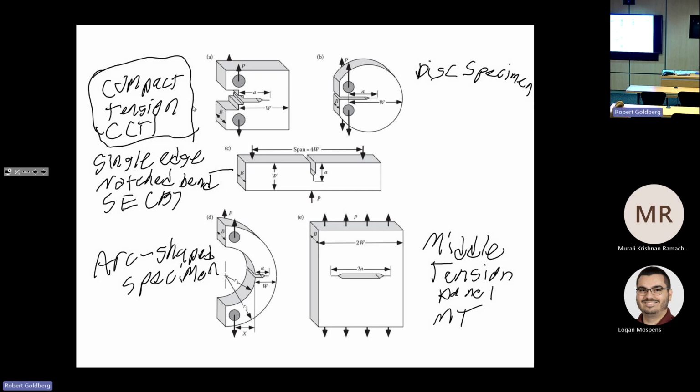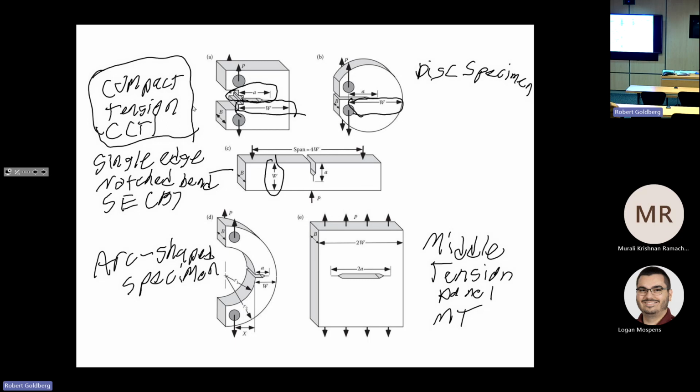Now, each of these specimen configurations has three important dimensions. We have our crack length, and we have our width, which is defined as from where we apply our load to the end of the specimen.